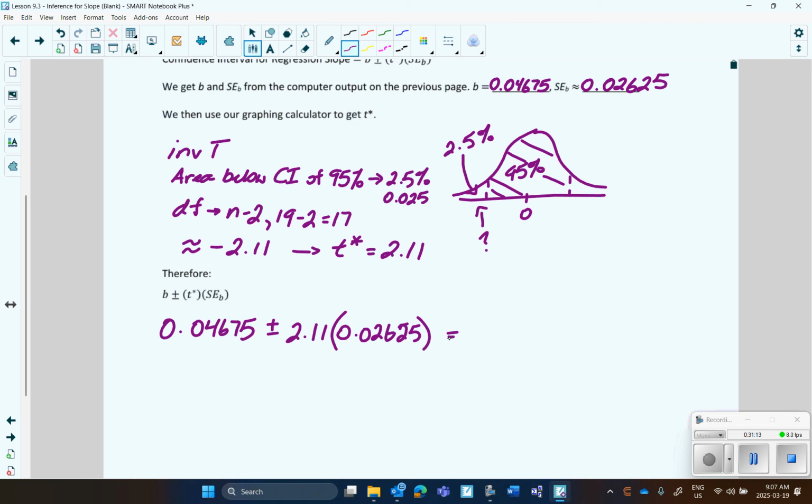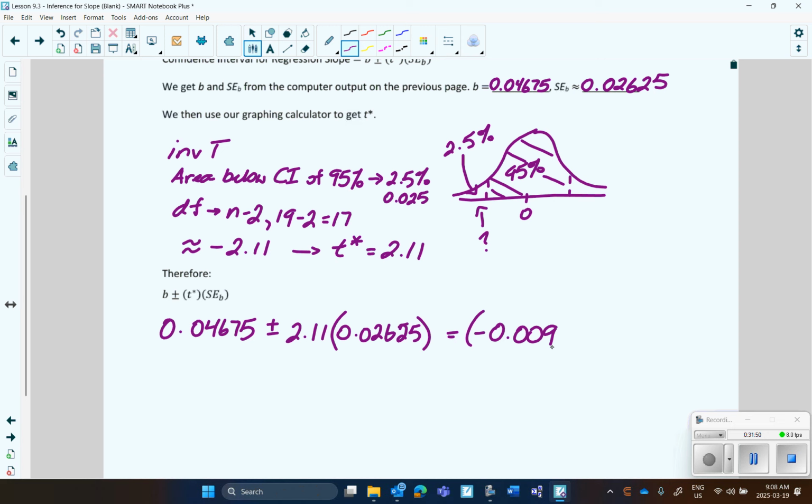So if we do 0.04675 minus 2.11 times 0.02625, and I'm just going to round this one, we get negative 0.009, you should get.